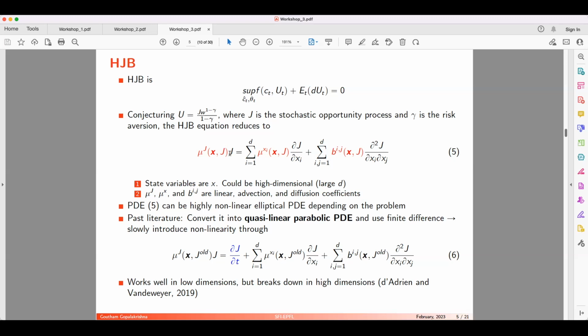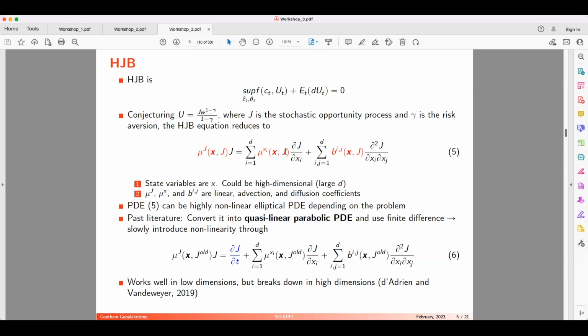This is typically called the linear term. U is some function that depends on the state space X as well as the function J. This can be endogenous because the state space X can be endogenous, and J is the function that we are solving for. Because of that dependency, this is endogenous, and it can also be a highly nonlinear function. This is known as the advection term.